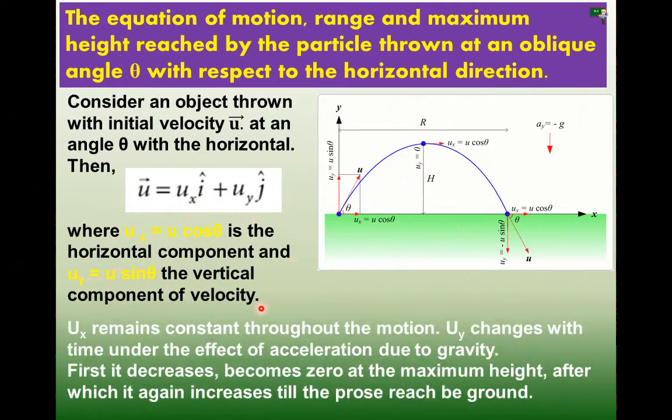Now ux remains constant throughout the motion. Uy changes with time under the effect of acceleration due to gravity. First it decreases and becomes 0 at the maximum height, after which it again increases till it reaches the ground.